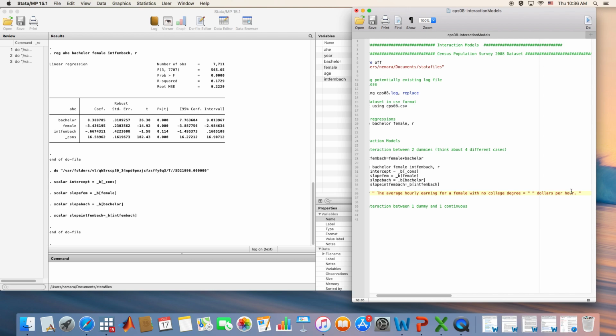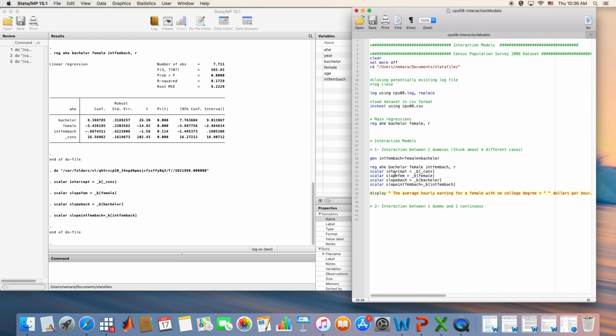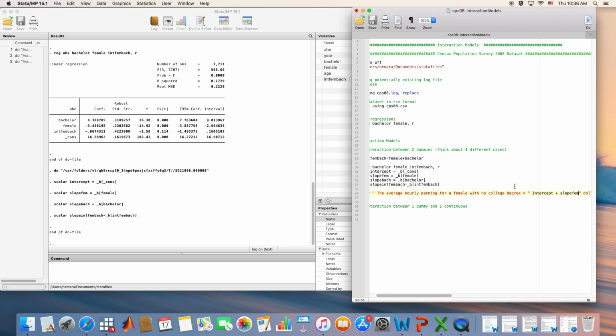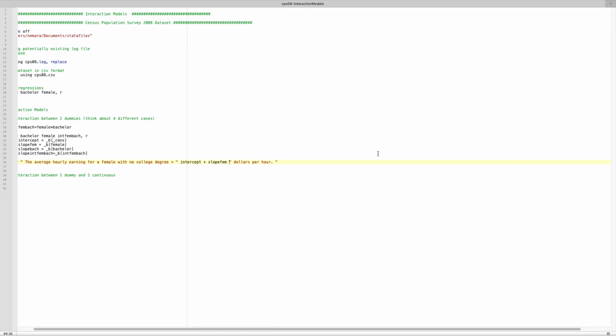And to get this, we basically need the intercept, we need the slope of female, right? So this one would be intercept plus slope female. And let me bring this.